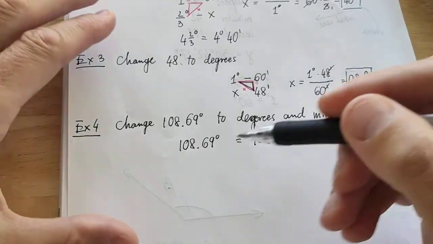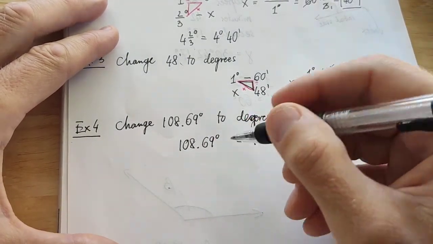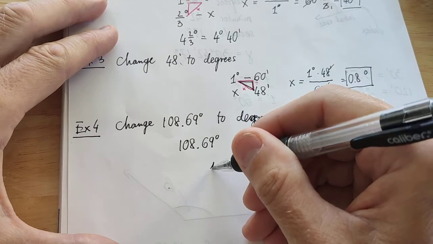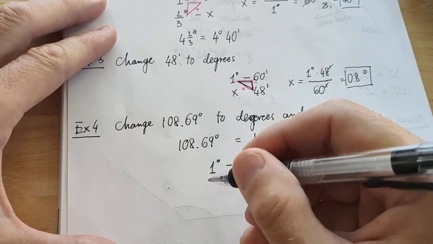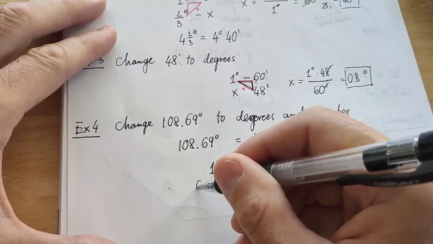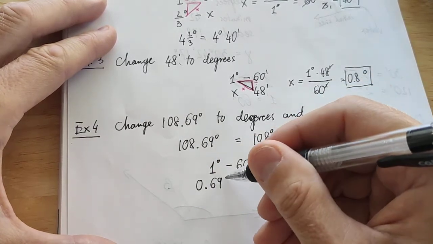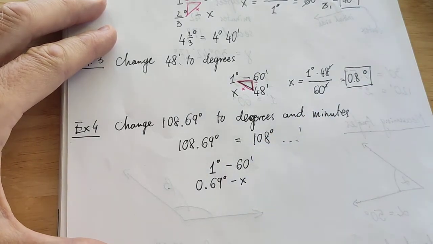So what I need to do, I need to take that 0.69 and change it to minutes. So I'll do the same thing as usual. 1 degree is 60 minutes. Then 0.69, well, let's put 0.69 degree, right, is x minutes.